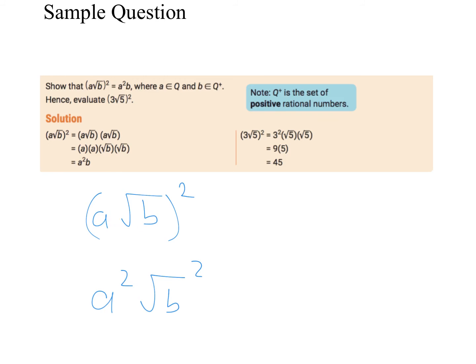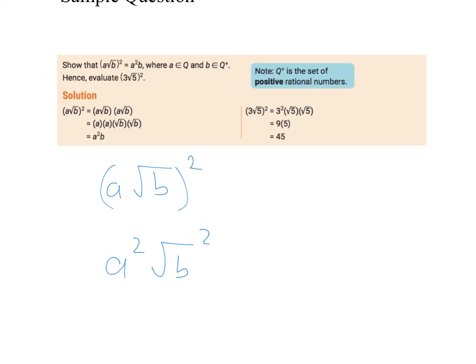So we have a times by square root of b. So we can break that up and say it's a squared times square root of b squared. So a squared will just stay as a squared, and a square root squared in this case, the square root and the square will cancel each other out. So we're just going to be left with b. So a squared b will be our answer here.